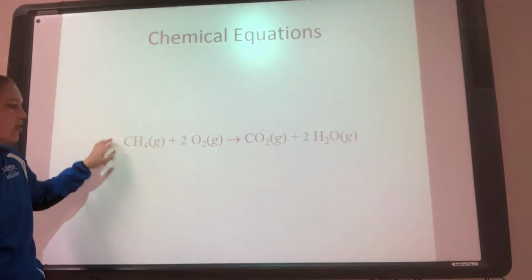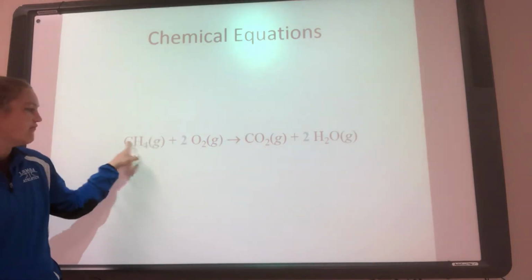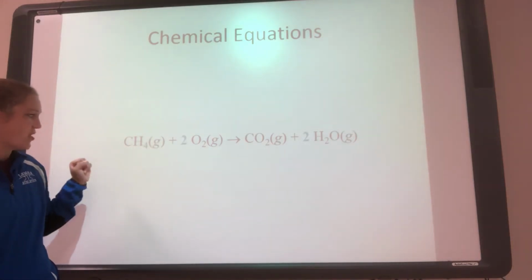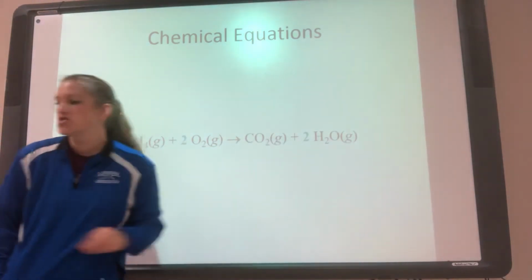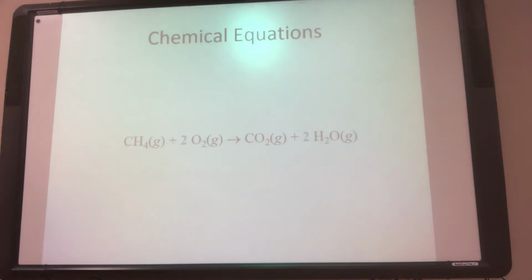Now, if it's a 1, we don't write it, because if I have the formula written, it's got to be at least one of them. So these numbers in front tell me what that ratio is. Those numbers are called coefficients. It's going to tell me how many I have of each one, my ratio.